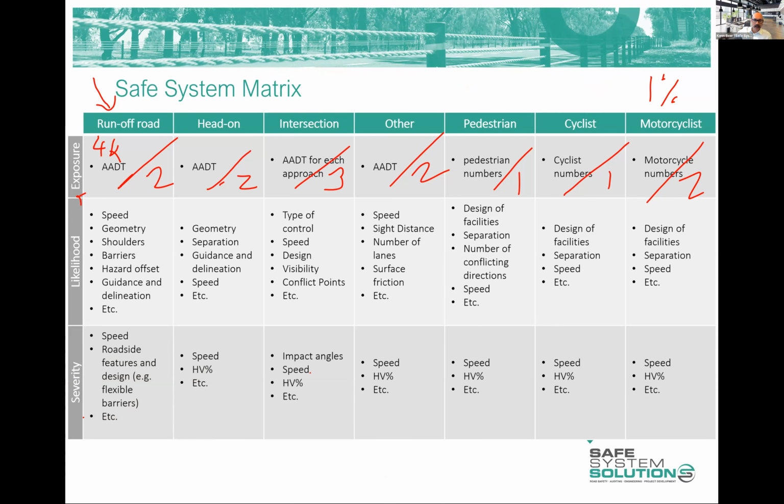If we have a road with an intersection, the volume of vehicles on this road is 4,000, and the volume down here is 2,000. We add them: 2,000 plus 4,000 equals 6,000. We take that 6,000 as the volume for the intersection.